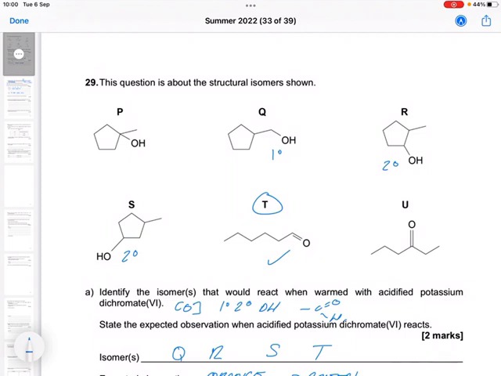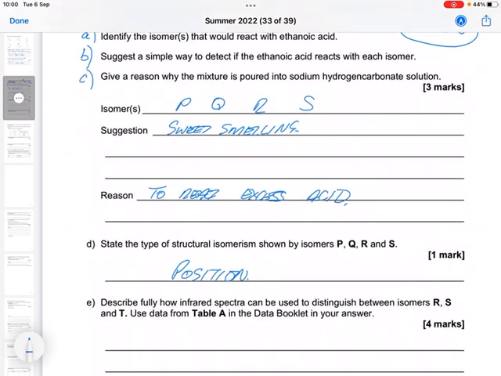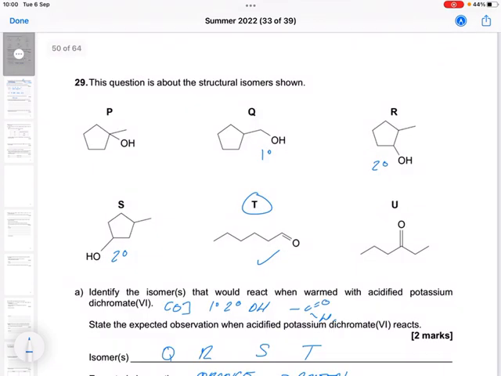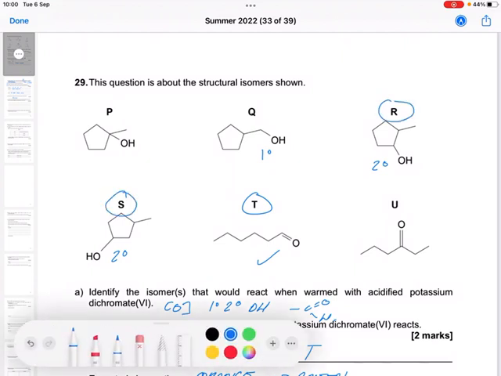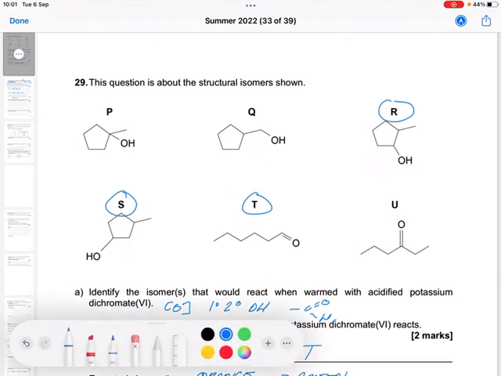And then part E, describe fully how infrared spectra can be used to distinguish between R, S, and T. Let me rub everything else out so that we're not getting muddled up. So I need to compare these. The easy one is T, which has a carbonyl peak, and I'll look that up on the data sheet in a minute.